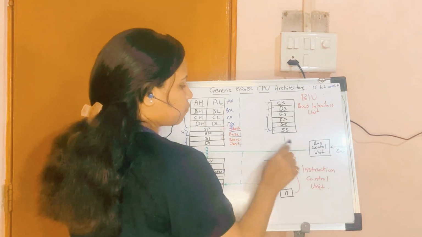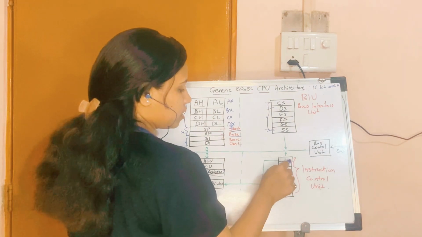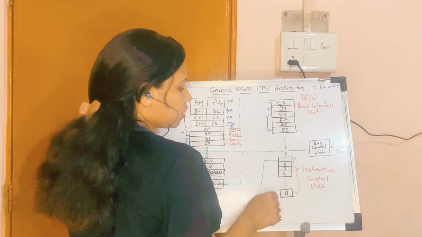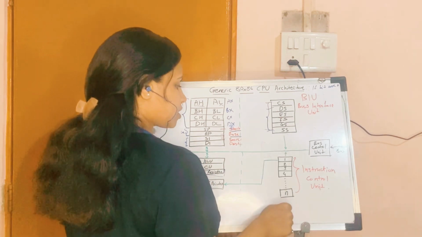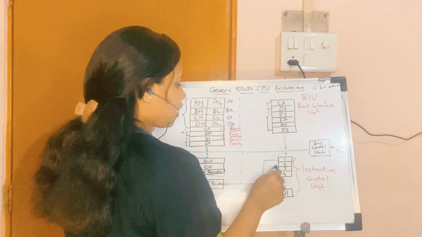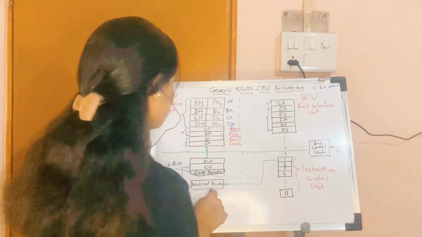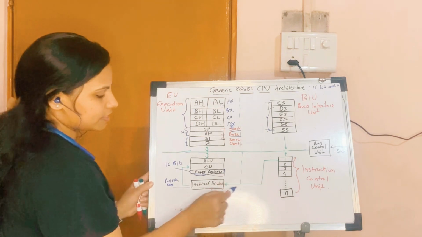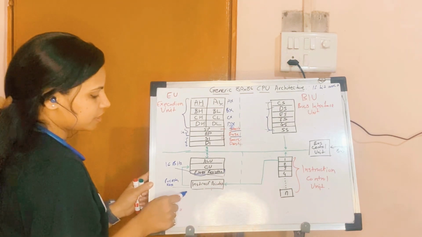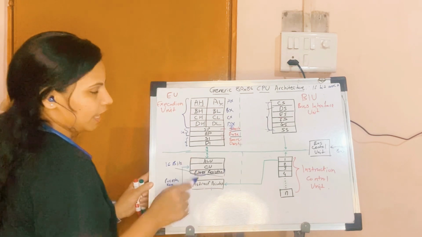It is in FIFO format, so first instruction and then second instruction, all these instructions are stored in this instruction control unit. One by one these instructions are sent to the instruction pointer. After the instruction pointer it goes to the ALU.